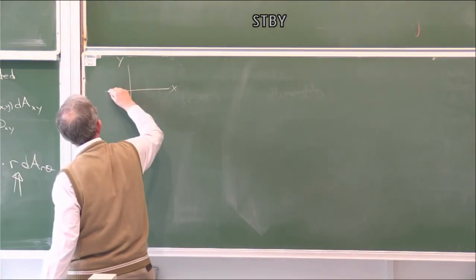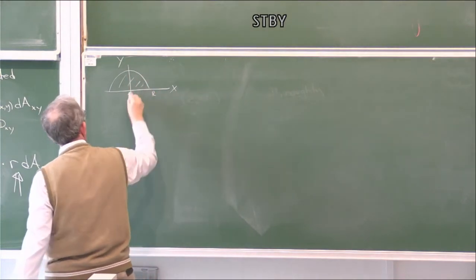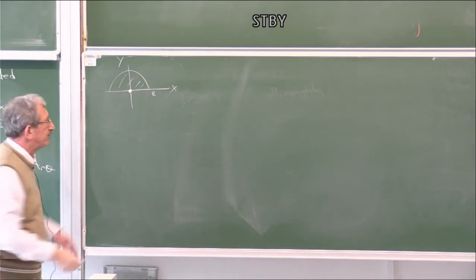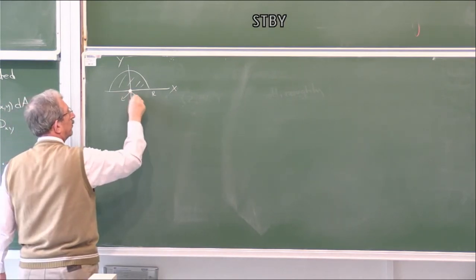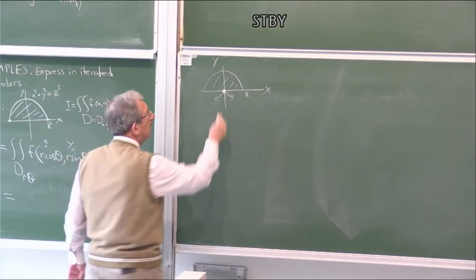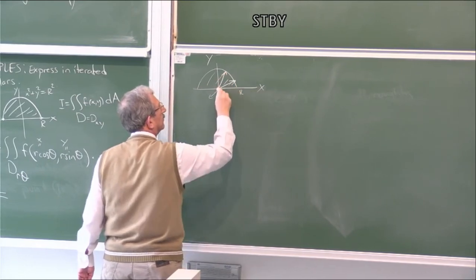Again, everything is yet in the xy system. Okay, this is the region. Now we start from the origin, look in our increasing direction. Okay, these are also possible, but they're outside D. We don't care. Now we move up to the circle.